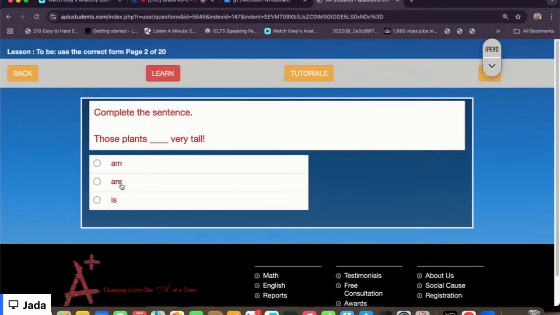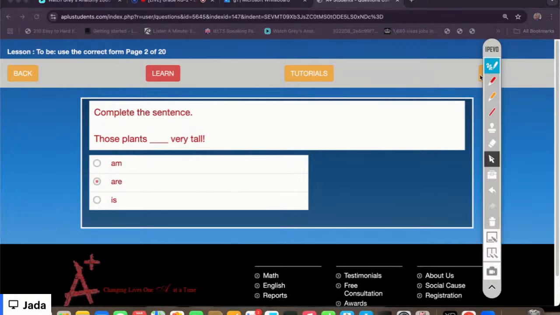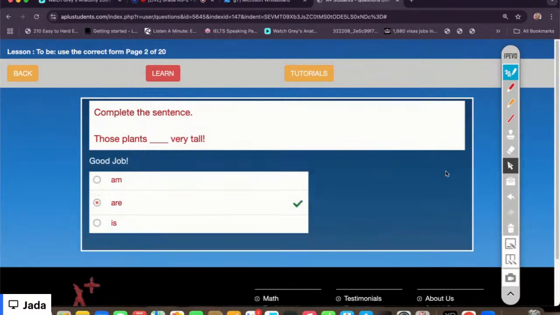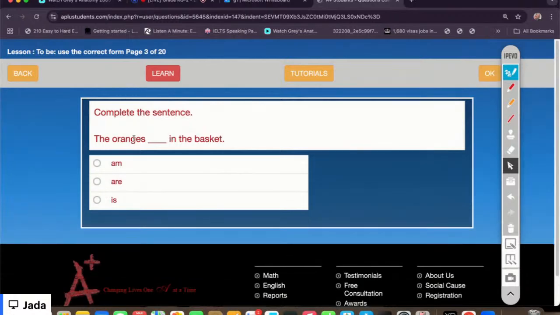Okay, so those plants are very tall. Okay, so the oranges dash in the baskets. Am, are, or is? What is the right one here?